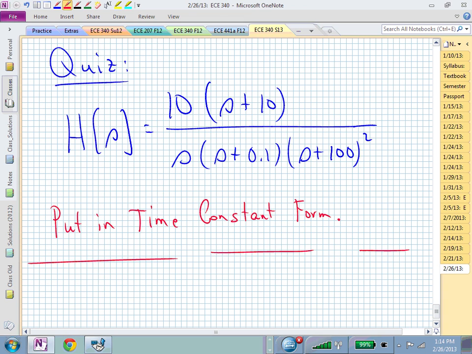For partial credit, you can write down the poles and the zeros.